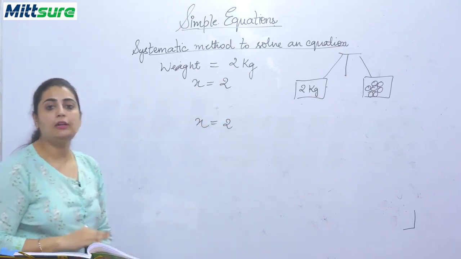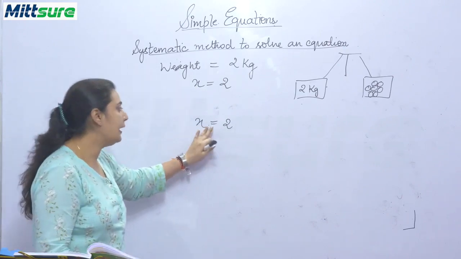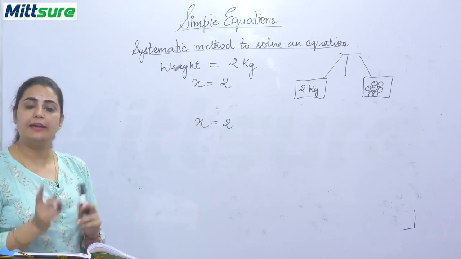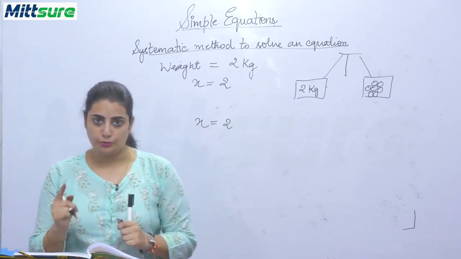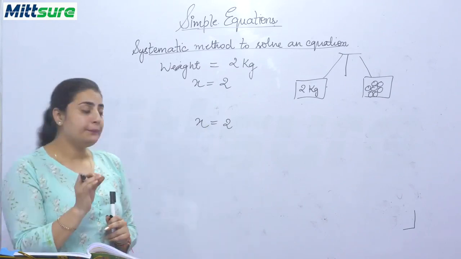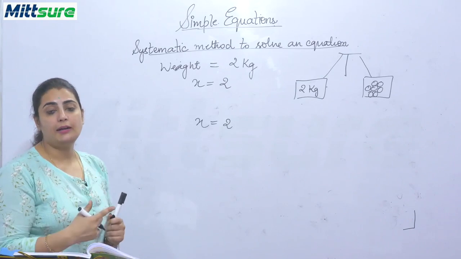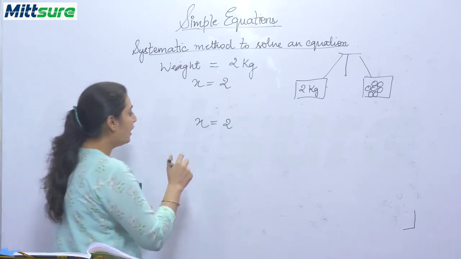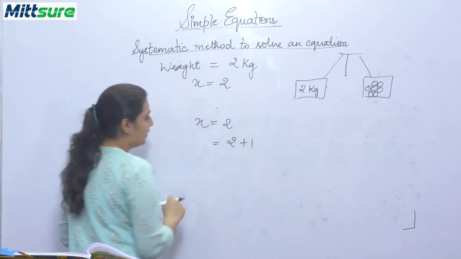Now I will be thinking of 4 different situations and will apply them to this situation only, wherein x represents 2 kg of potatoes. Now suppose the shopkeeper increases the weight of the potatoes by 1 kg. That means 2 plus 1, right?